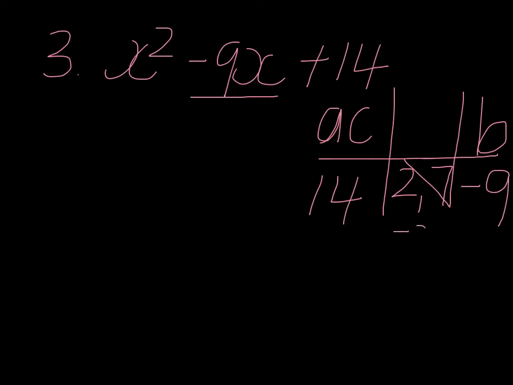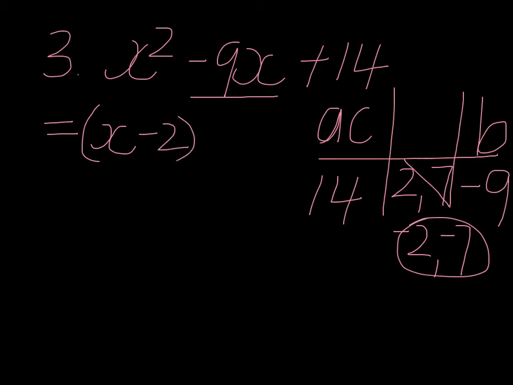So let's try negative 2 and negative 7. And that does in fact add up to negative 9. Okay, so then we can go once again straight to our answer because the value of a is 1. But this time our factor pairs are both negative, so we've got x take 2 and x take 7.